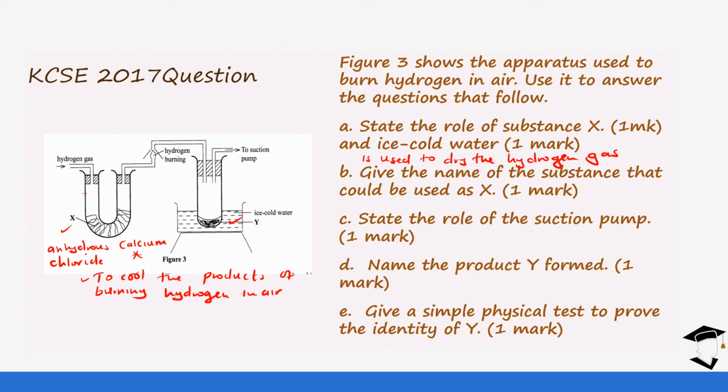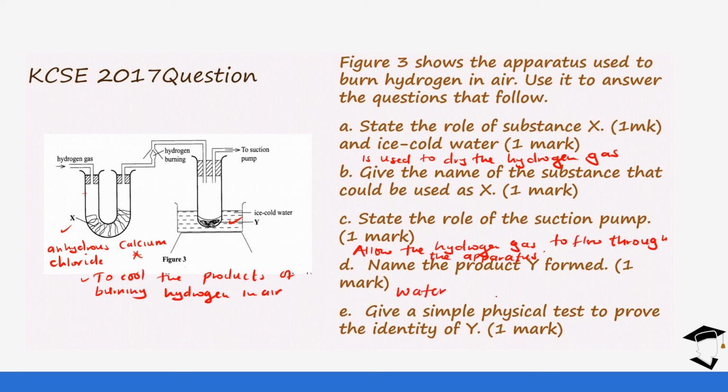And then C, state the role of the suction pump. So the suction pump allows the hydrogen gas to flow through the apparatus. And finally, name the product Y formed. So the product Y formed we know is water.